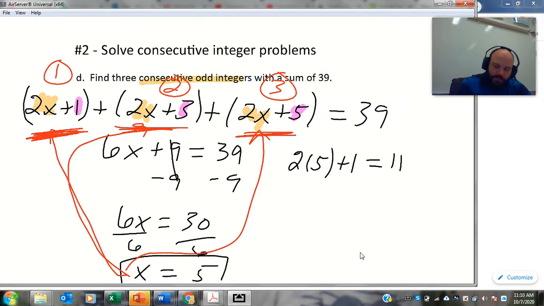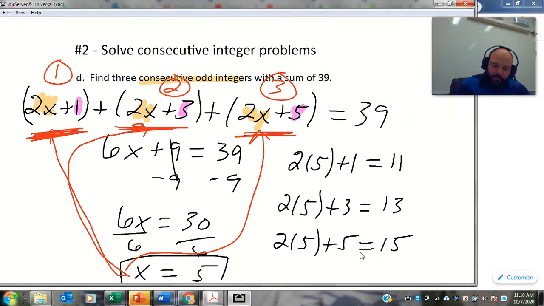The second one, 2 times 5 plus 3, is 13. And this last expression, 2 times 5 plus 5, is 15. This is the answer we're looking for.